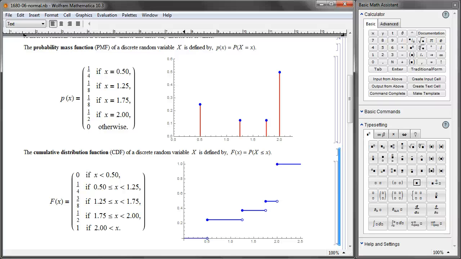And then you have a step function where you just add up all those probabilities before that. So you have cumulative probability, a steady increase from 0 all the way up to 1. And the size of each jump of each step is the probability mass. So you can get the CDF from the PMF and also vice versa.